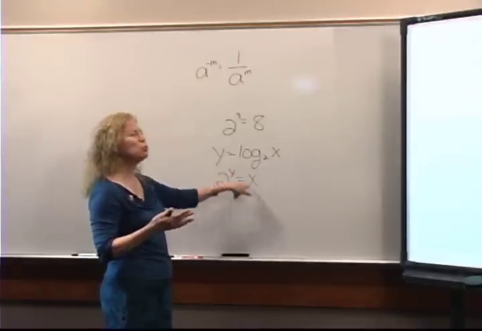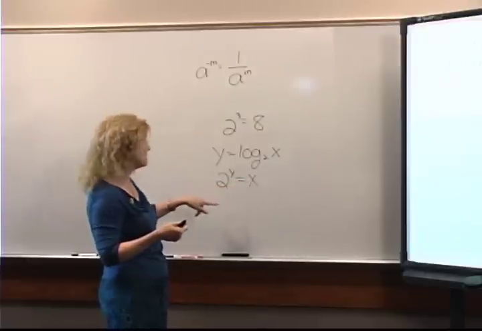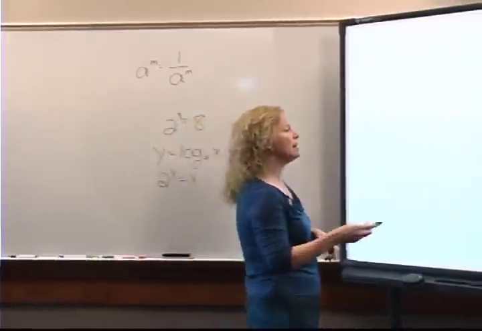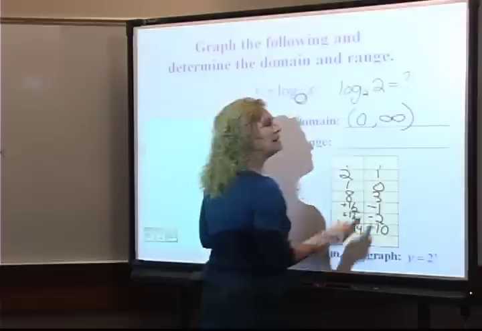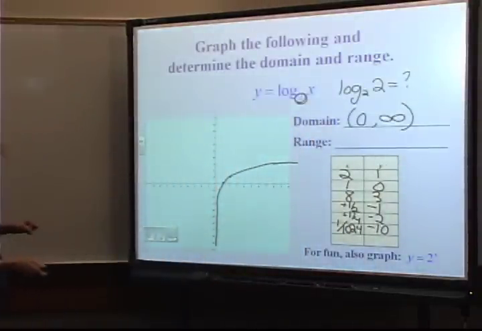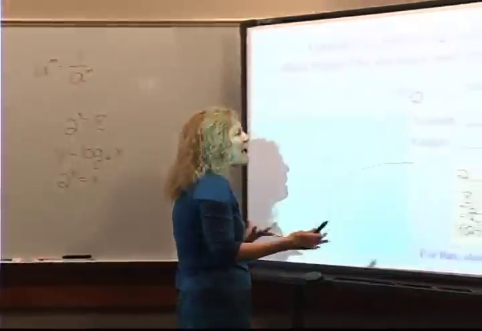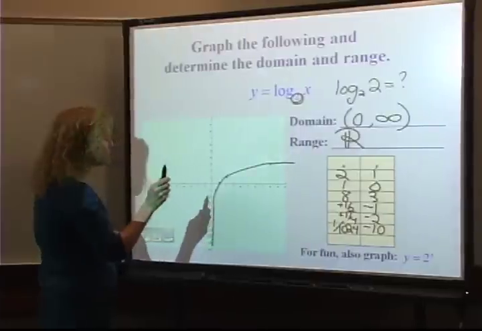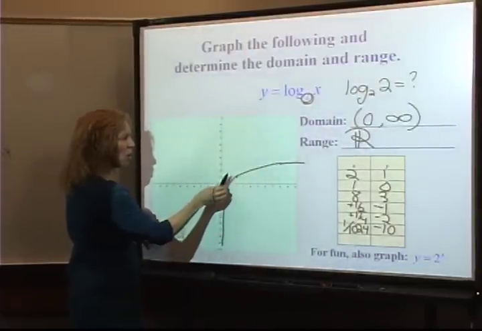Your x values will always be positive quantities, okay? So my domain is 0 up to infinity. And my range, the set of all y's, we just argued I can have anything there as that exponent. It's all reals. Now look at the graph, and it does make sense that I have all reals.